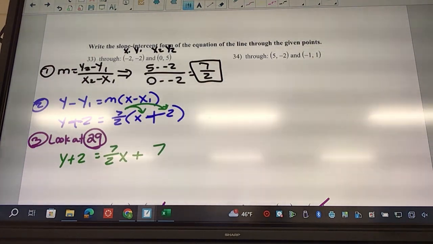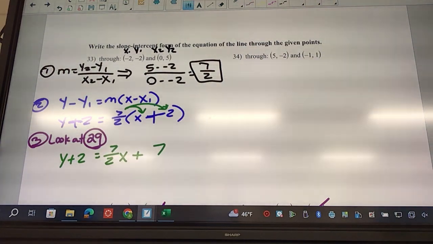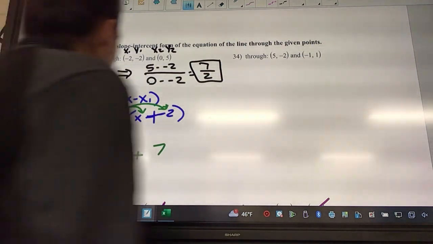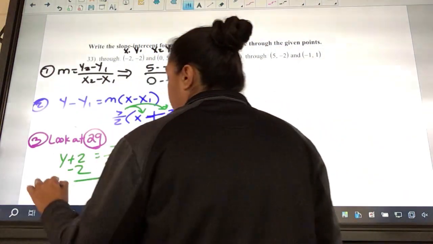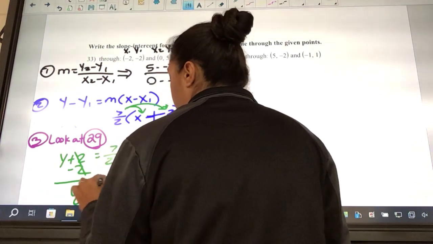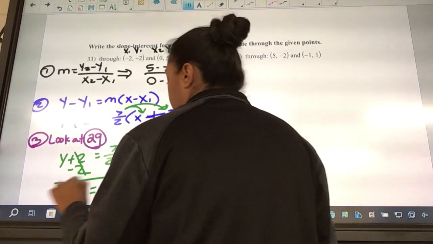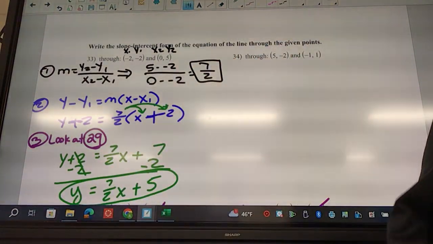And then it says add or subtract the number that is next to the y. What number is next to the y? 2. So are we going to add or subtract that? Subtract it. And I need to put it under the 7. So we get y equals 7 over 2x plus 5.